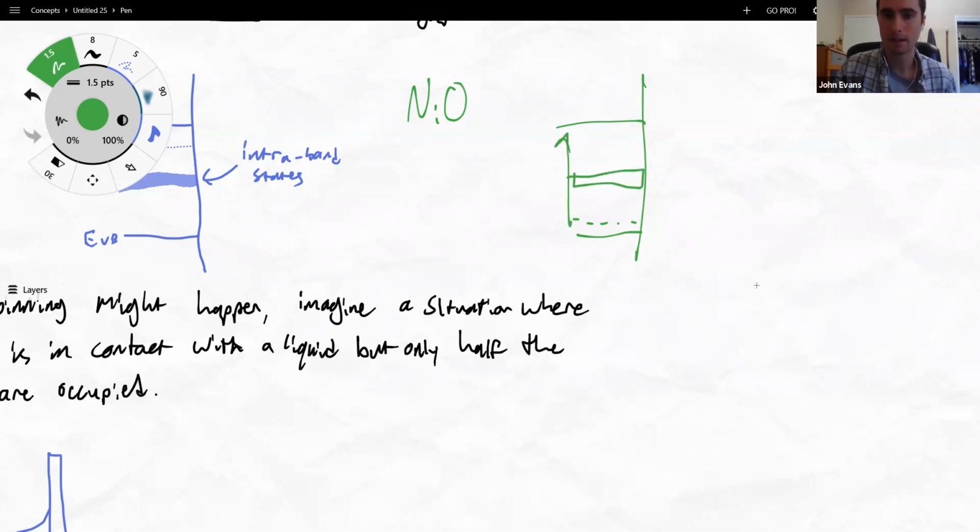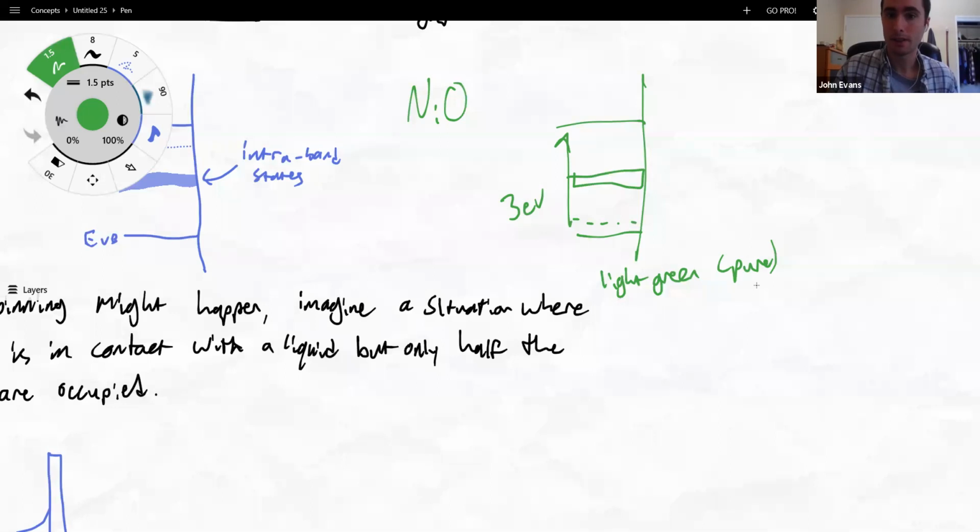So the band gap of nickel oxide is like 3 eV-ish. I think it's actually like 2.45 or something. So pure nickel oxide is a light green color, or almost transparent. It absorbs mostly in the UV.